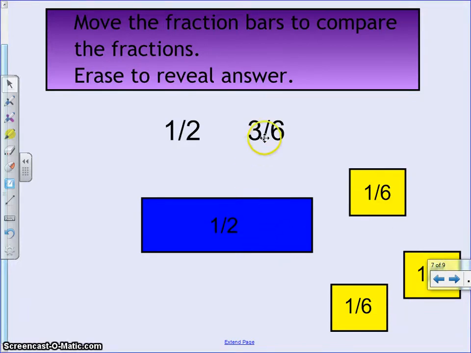We have 1/2 and we have 3/6, and we want to say, okay, which one's bigger, half of the pie or 3/6 of the pie? This is a little bit different because in this case, the denominators are different and the numerators are different. We can't rely on those two sayings in this case. So we need to draw pictures, which I'll show you in a minute, or use fraction strips.